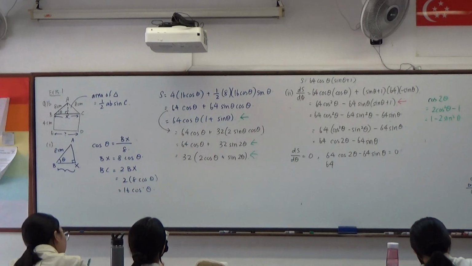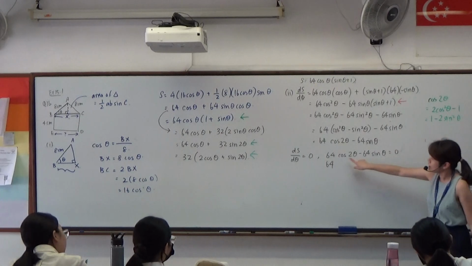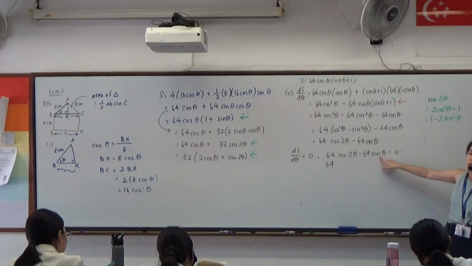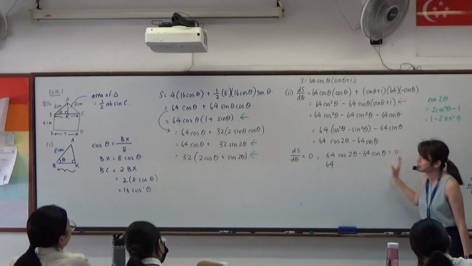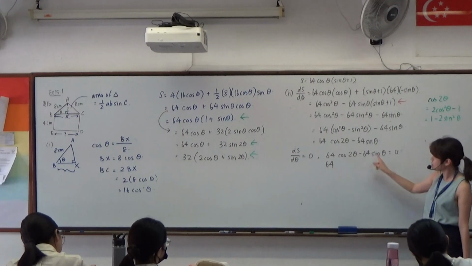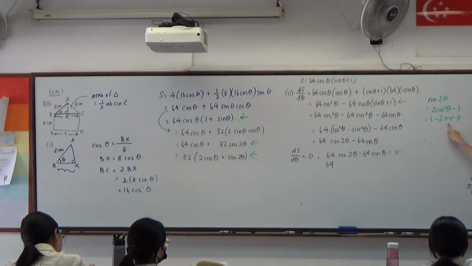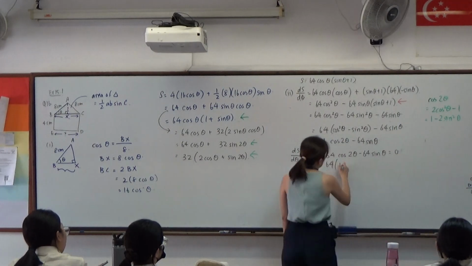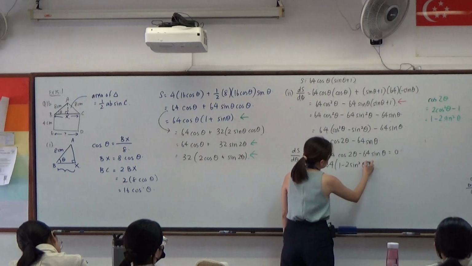So in this case, if I want to convert my cosine, this one is actually in sine already. It will actually help us if everything is in sine or everything is in cosine. But since you're trying to change this towards your sine, therefore I choose my 1 minus 2 sine square theta. So you need to strategize and know which one to use.